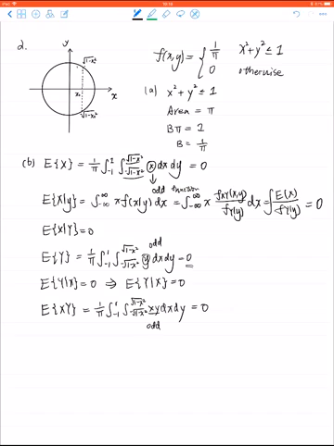So E[XY] actually equals E[X] times E[Y], which equals 0. So in this case, we know that X and Y are uncorrelated. And that's the answer to question 2. That's all. Thanks.